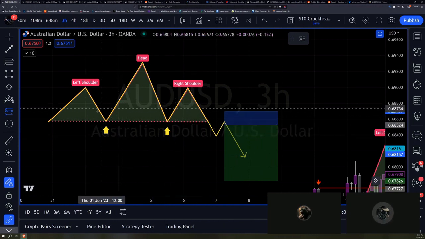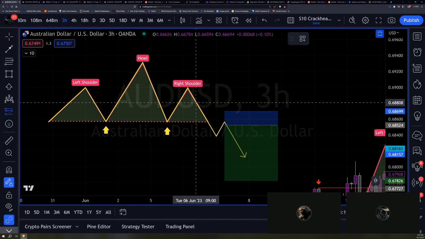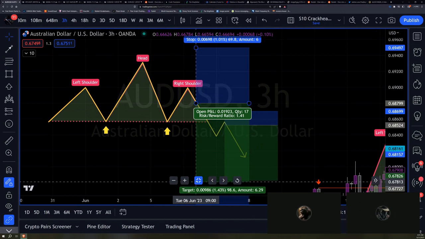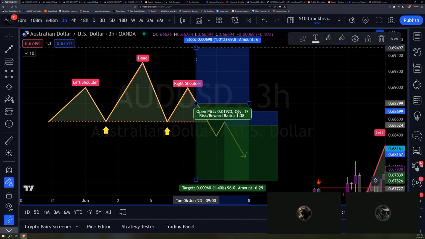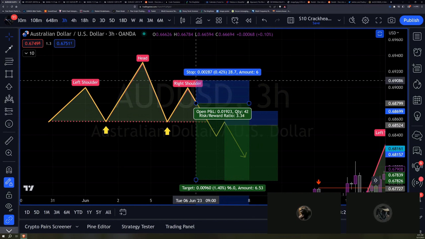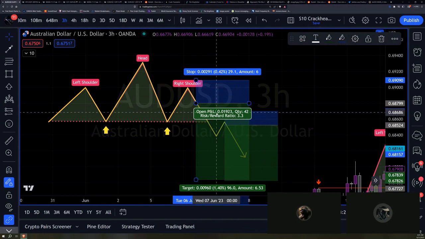But I do have an algorithm that gives me permission to do that. I've tested it. I know that there's a level of success and the targets are going to be the same. So it's just a higher entry. I can enter, I'll put my stop loss above the shoulder for the moment, and then you can have a nice entry right there.